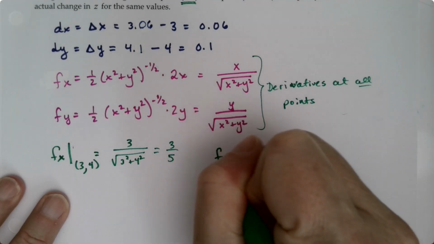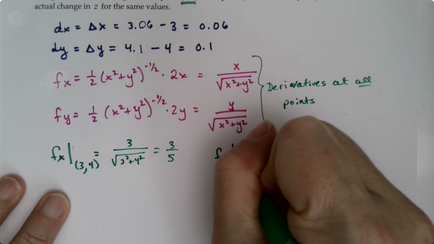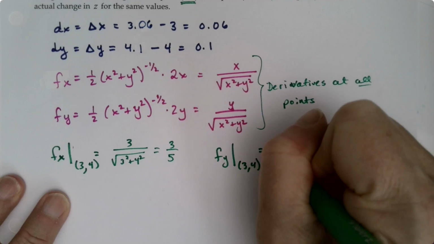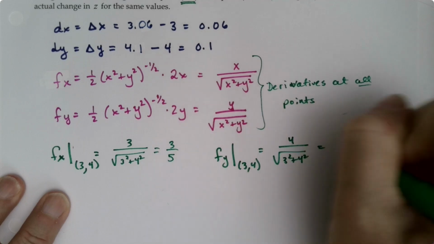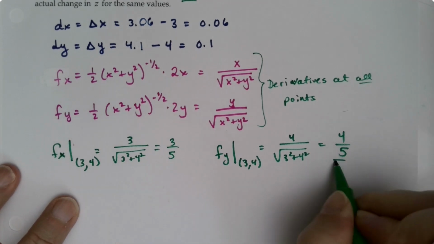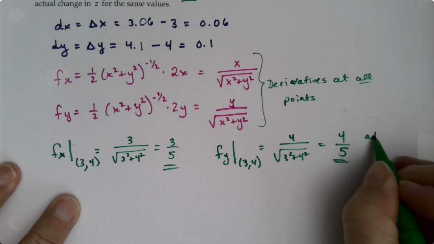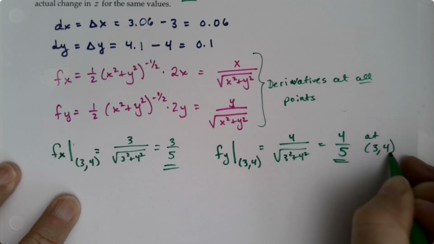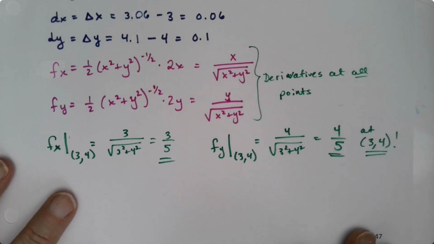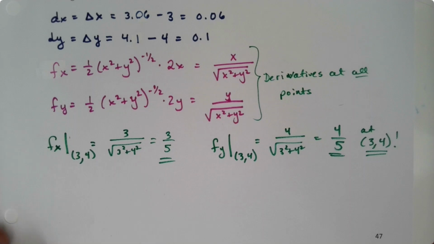And f sub y at 3, 4 would be equal to 4 over the square root of 3 squared plus 4 squared, which is 4 over 5. All right, so these are our particular values. Right. All right, so now we can put it together.